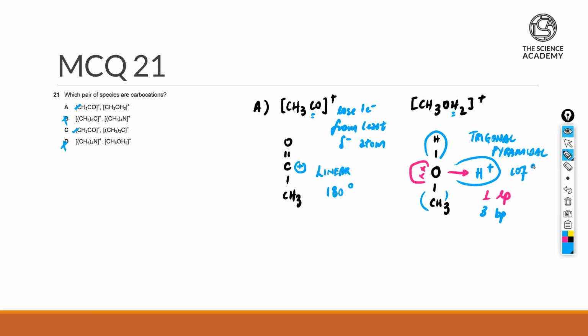But nonetheless, this is not a carbocation because the plus charge is on H plus. So anything with this is considered to be wrong. So it's going to be wrong for D again, as well as wrong for A. That means the correct answer here could only be C.